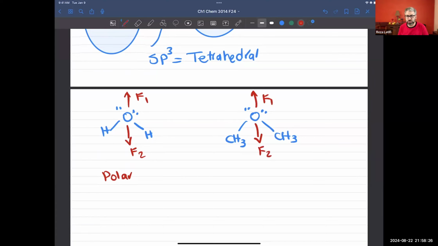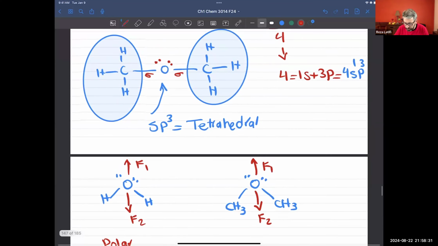Why is it polar? Because of the bond angle. The bond angle is 109.5, and we drop it by 4 degrees, so theta is 105. If your theta is anything other than 180 and you have a lone pair, that molecule for sure will be polar.